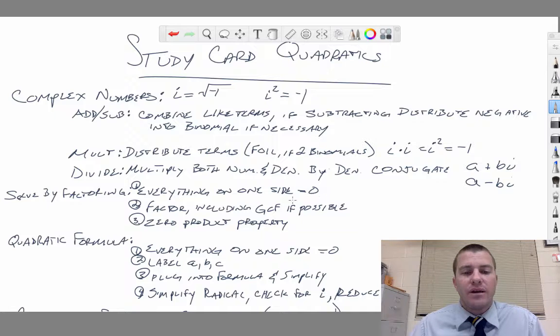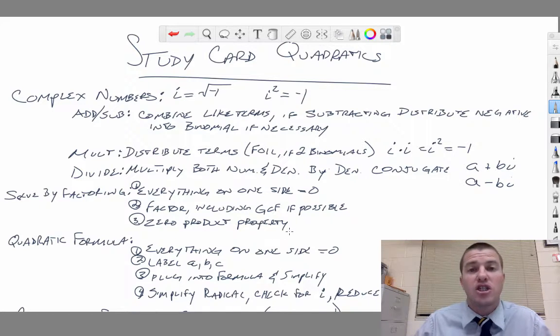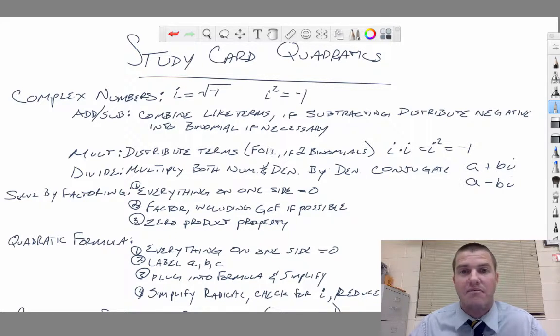Solve by factoring. Get everything on one side and have it equal 0. So once you get into solving, starting the problem correctly is the first key step. Make sure you're doing the right steps. So with factoring, you want everything on one side equal to 0. And then you're going to factor. Remember to always, always, always check for your GCF. It may not be possible, but always check, including the variable.